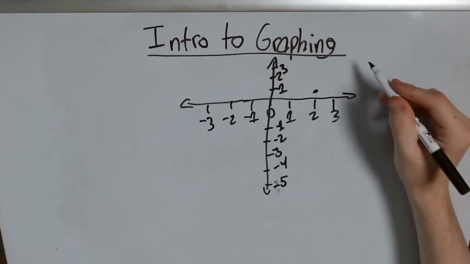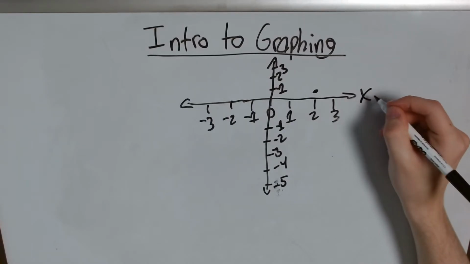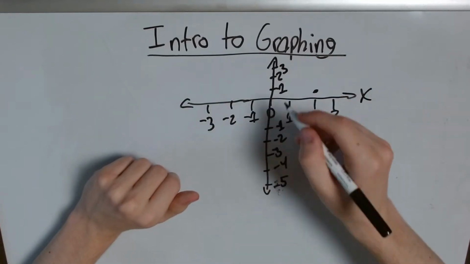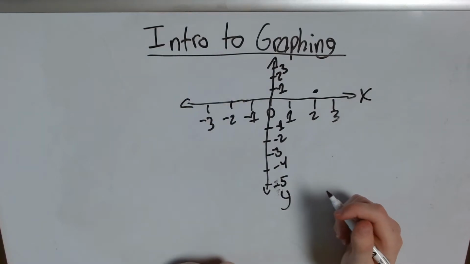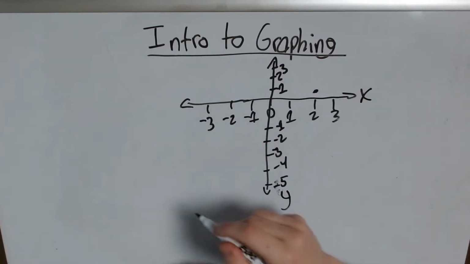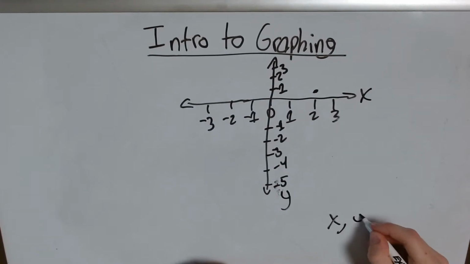We distinguish the two number lines. We call this number line x, our horizontal component. We call this number line y, our vertical, or up and down coordinate. And we express every point on this graph, this coordinate plane, in terms of x and y.